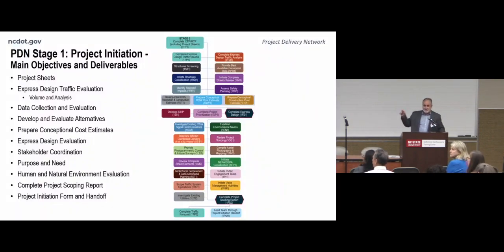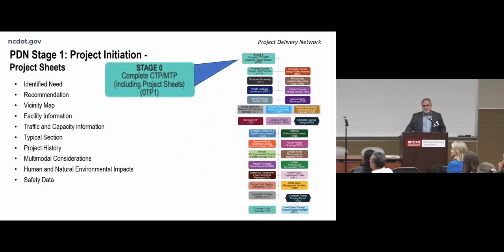First of all, this is stage 1, and these are the main objectives and deliverables that are a part of stage 1. I'm going to walk through each of these. The first one is the project sheets, and that comes from that first box up there, which is the information that comes from TPD. It's stage 0. When we've got a project, one of the first things we've got is the project sheets, and it lists all that information.